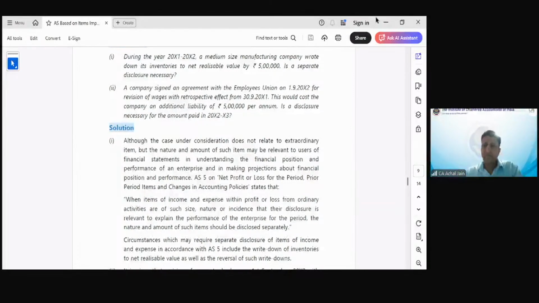Now in this case, although the case under consideration does not relate to an extraordinary item, the nature and amount of such an item may be relevant. When items of income and expense within profit or loss from ordinary activities are of such size, nature, incidence that their disclosure is important, you will disclose them separately. And what do you call it? Exceptional items.